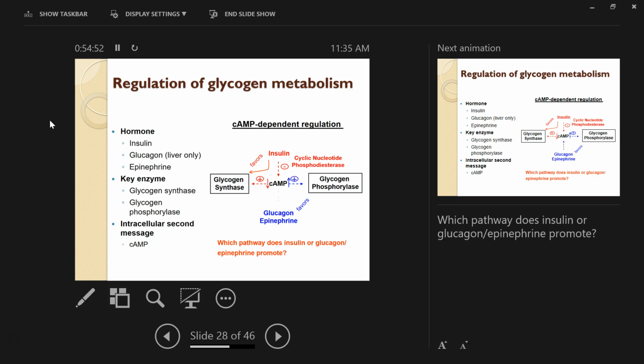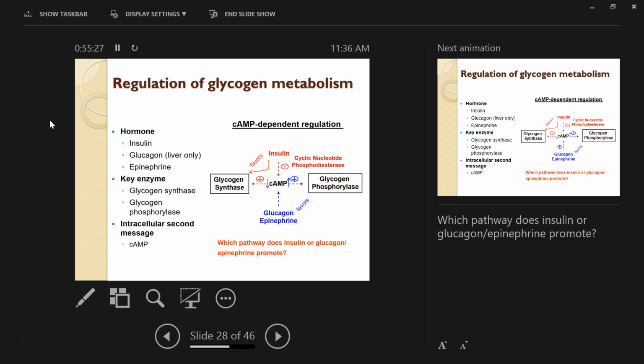Under the fasting condition, when we have higher glucagon or epinephrine levels, cyclic AMP levels increase, which stimulates glycogen phosphorylase and the glycogen breakdown pathway. So just remember that cyclic AMP is a connection, linking insulin or glucagon levels to the key enzymes in different pathways.